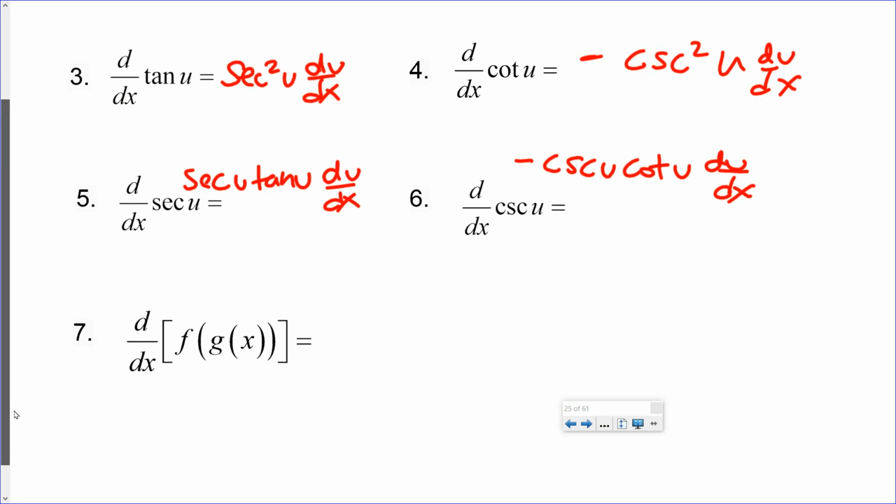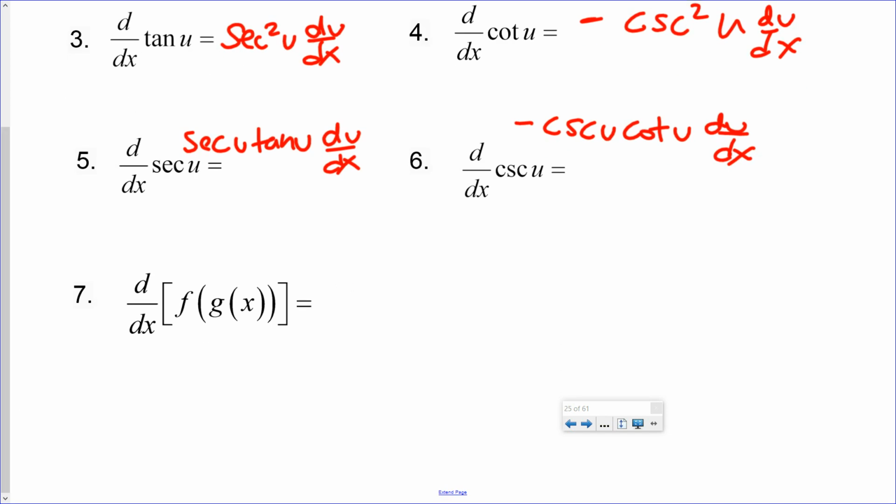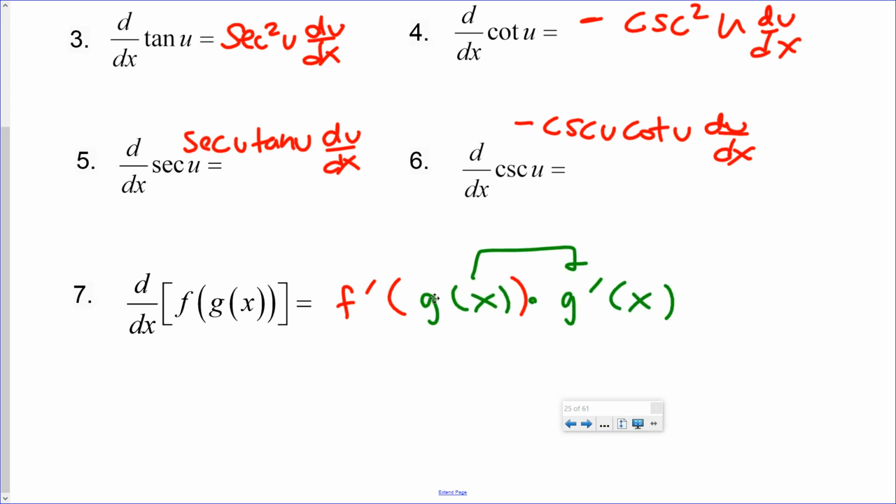What's the derivative of this chain rule thing right here? That f prime, leave the inside alone, g of x, g prime of x. Okay, guys, what if I asked you about IBT? Do you remember IBT?